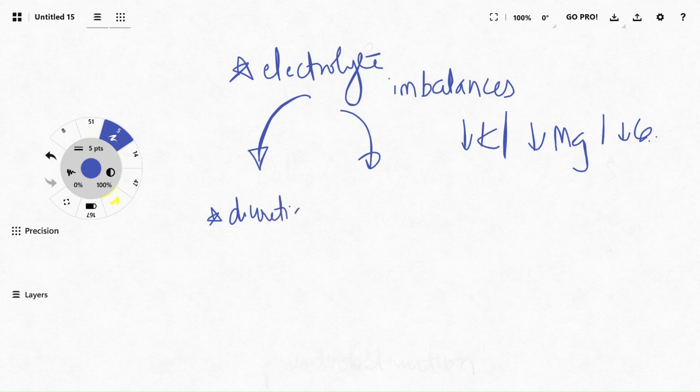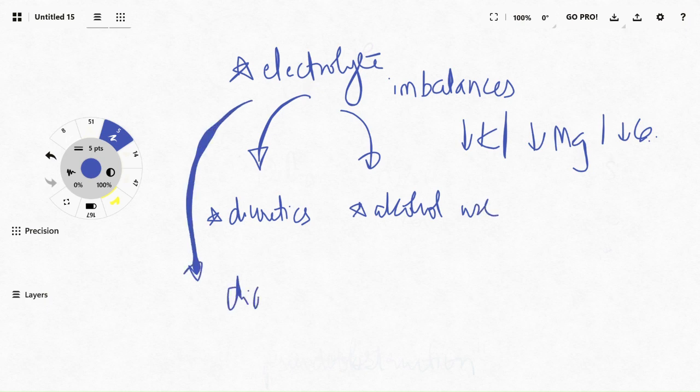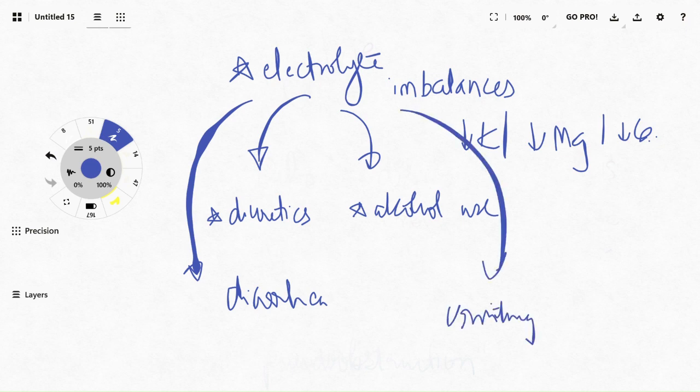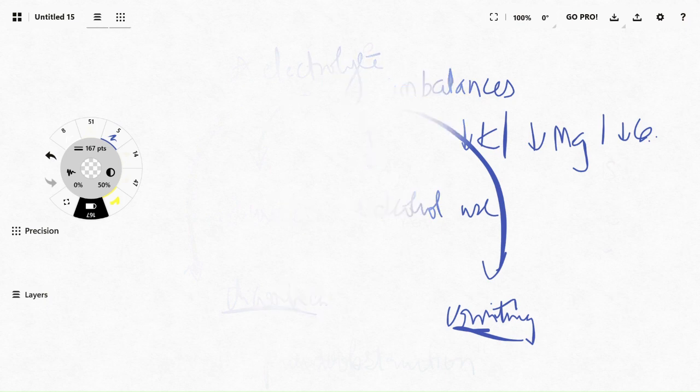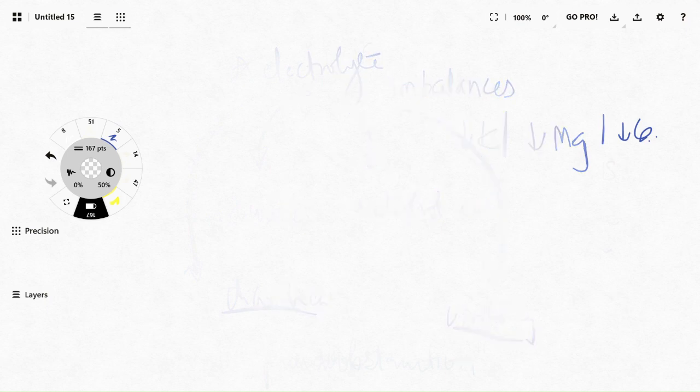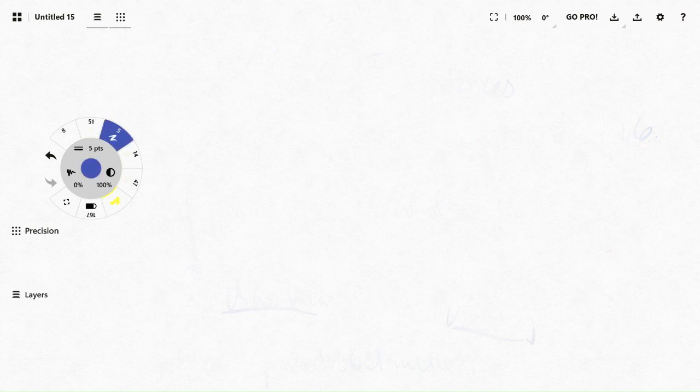It's diuretics, alcohol use, diarrhea, vomiting, or anything that causes electrolyte imbalance and that is not immediately compensated for by the body would lead a person to develop Ogilvie syndrome. So that is the first main cause. So the first one is electrolyte, right?